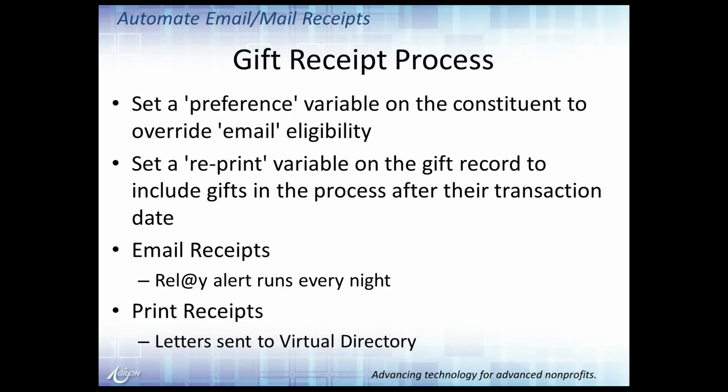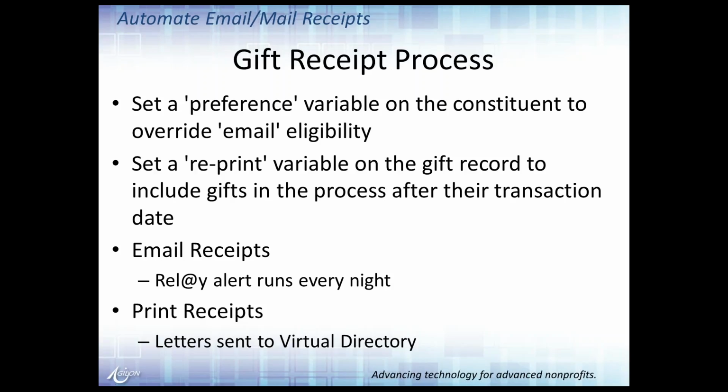So in general, that works. Now, you may have already asked people whether or not they would like to receive an email receipt, or maybe that's one of the things that you want to ask before you start this process. So we needed a way for you to disable them or indicate that somebody with an active email address should not get an email receipt.